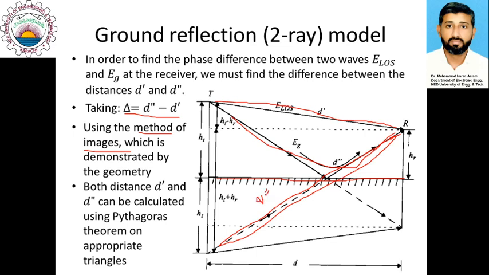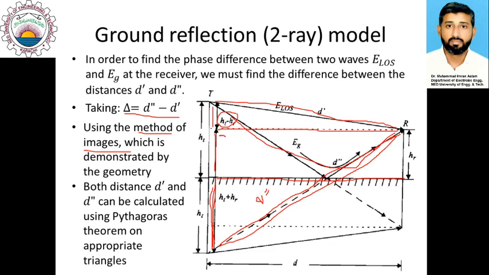Further, if you see the transmitter antenna height, if I draw a horizontal line parallel to the height of the receiver antenna, you can see I'm plotting here. You would see that this difference here on top is actually the difference between the transmitter antenna height and receiver antenna height. So this can be written as ht minus hr. And if you compare the same thing with the line here, from this point this entire distance is actually ht, this length here is ht, and this length here is hr.